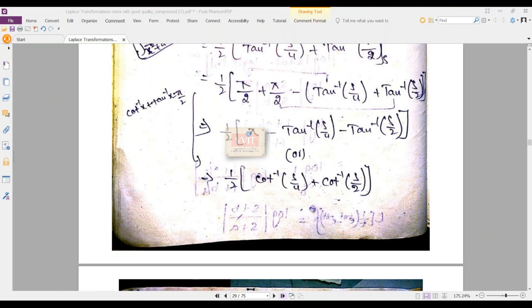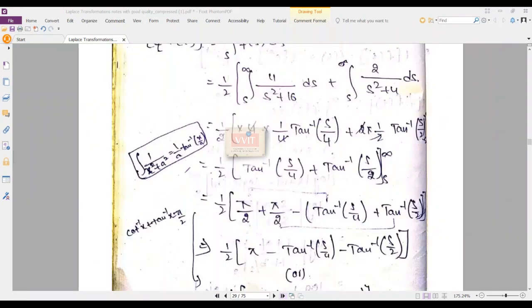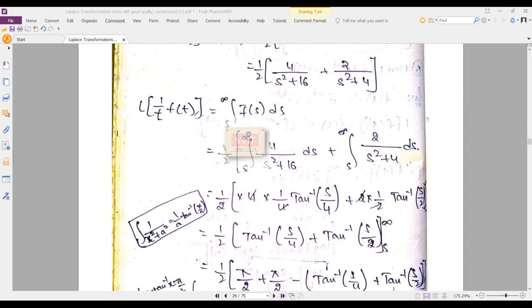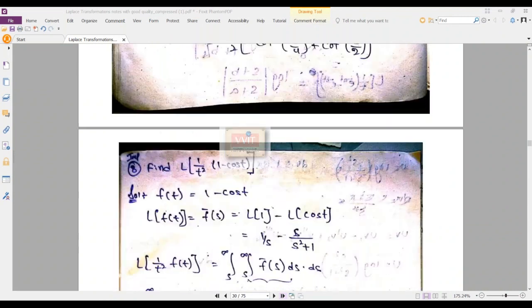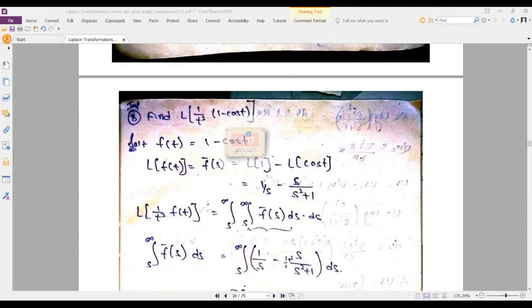Okay, so here L of 1 by t f of t, s to infinity. Okay, not a big deal. So 1 minus cos t. So the Laplace transform of 1 minus cos t.